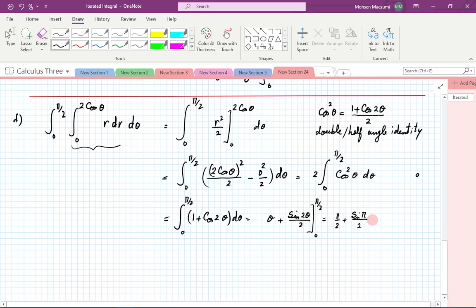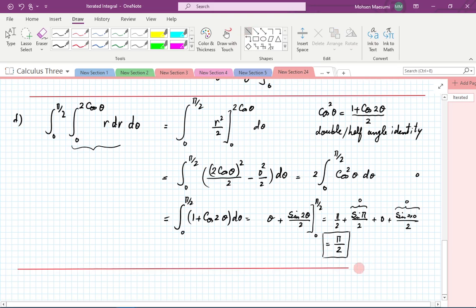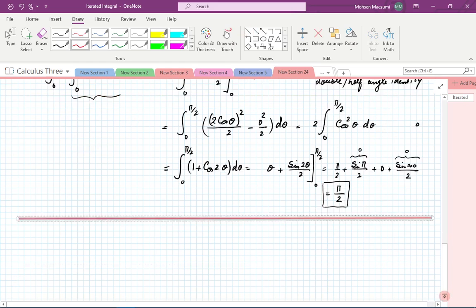At 0, well, it is 0, and sine of twice 0 over 2. Now again, one more item from trigonometry: sine of pi is 0, and of course sine of 0 is 0. So we are left with pi over 2. That is our final answer. Pi shows up because it's really calculating the area of a circle or half a circle.